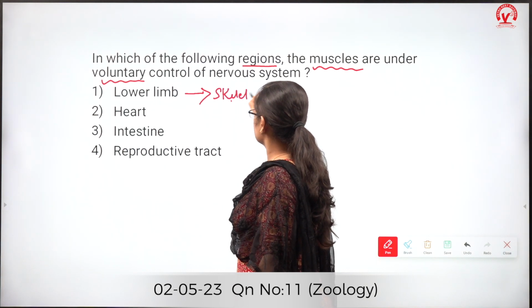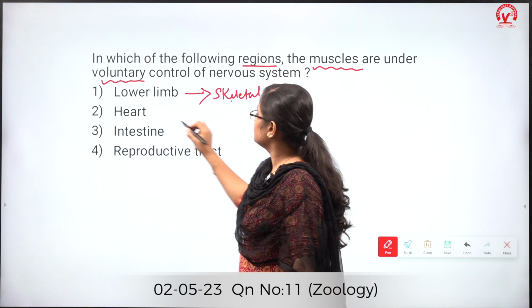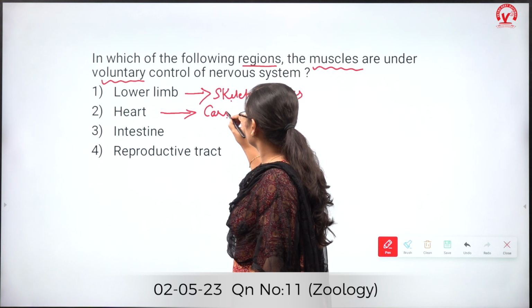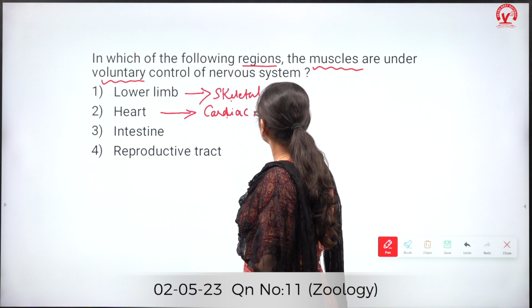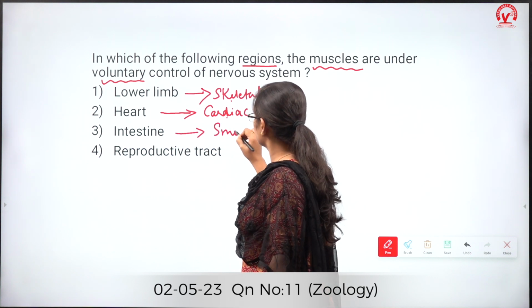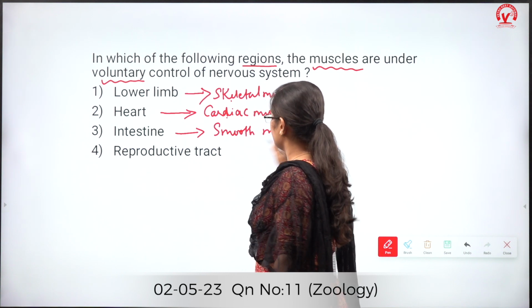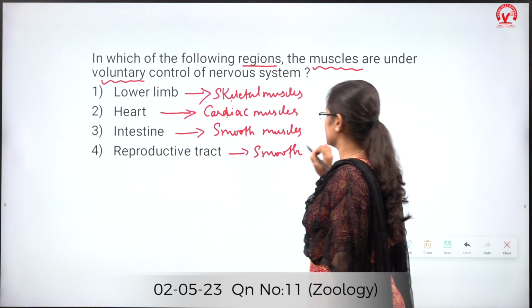The lower limb has skeletal muscles. We all know that lower limb has skeletal muscles. Heart has cardiac muscles. Intestine has smooth muscles. And reproductive tract also has smooth muscles.